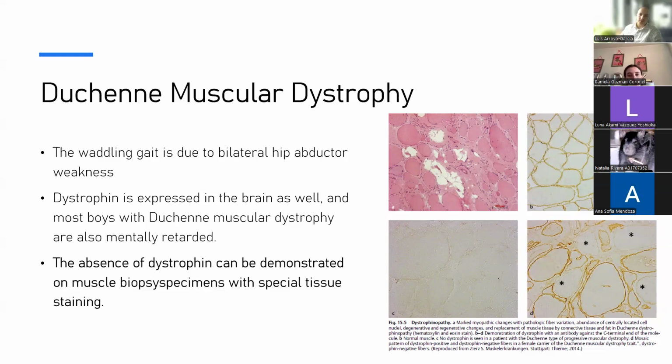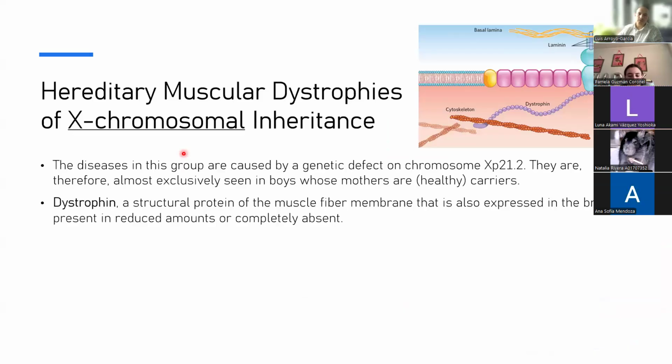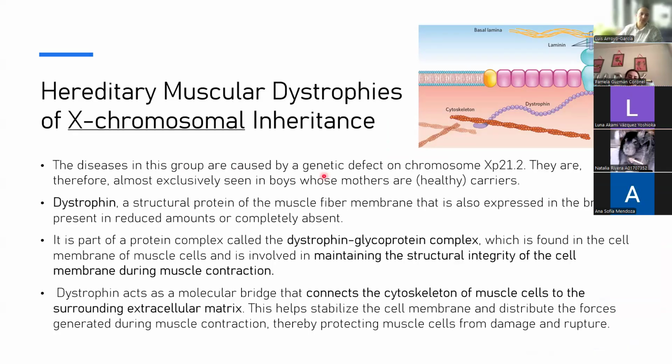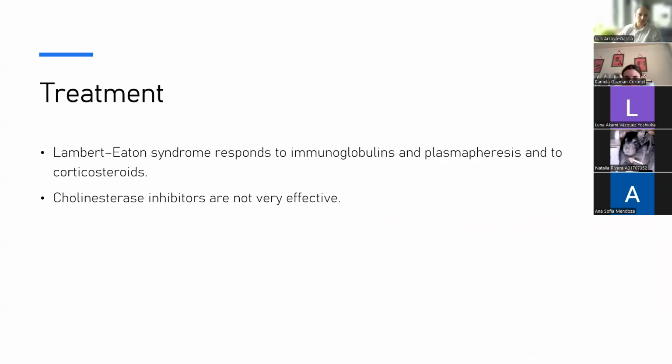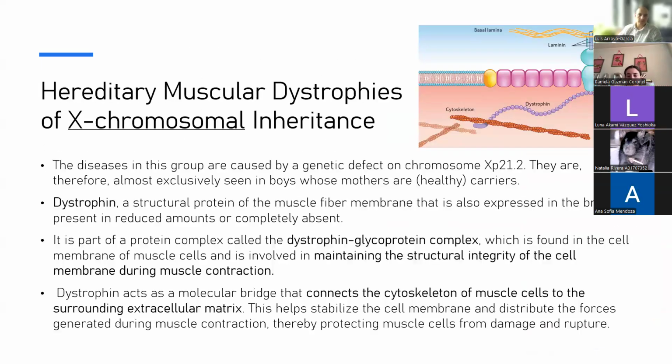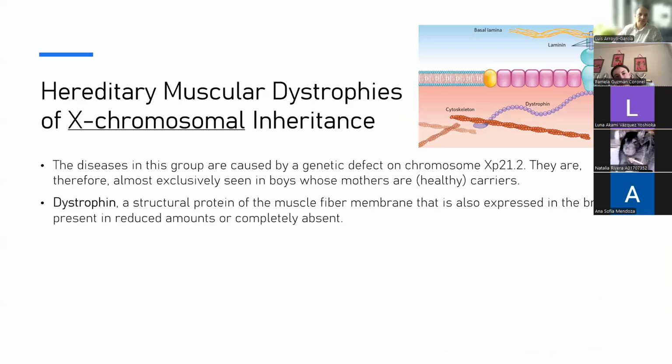Is this part clear? It's not difficult. Here you just need to know what dystrophin is, that most of them are X chromosomal genes, and where the effect is, whether it's actually absence of dystrophin or not.